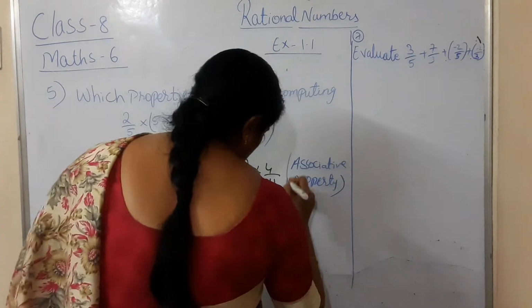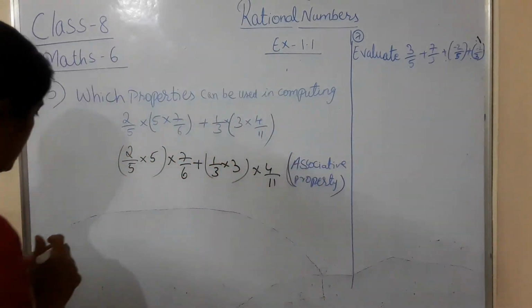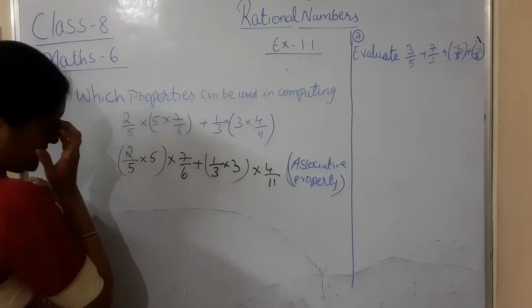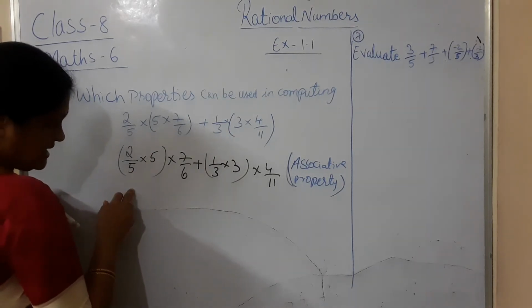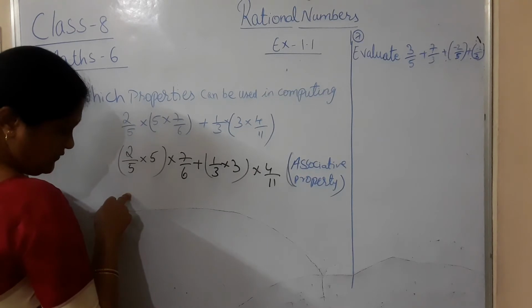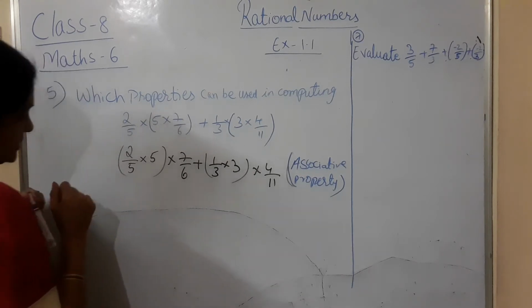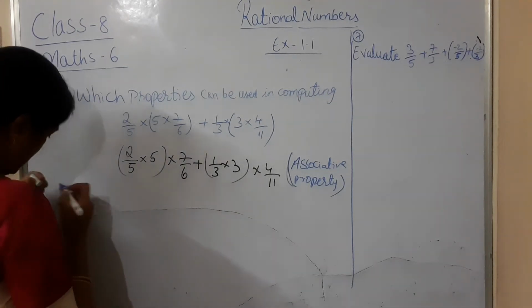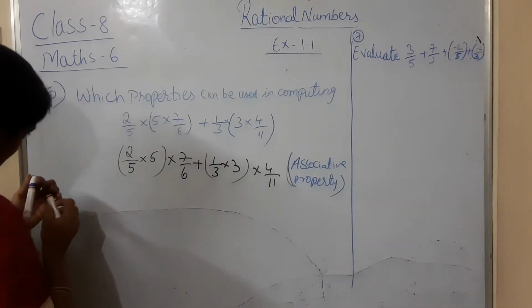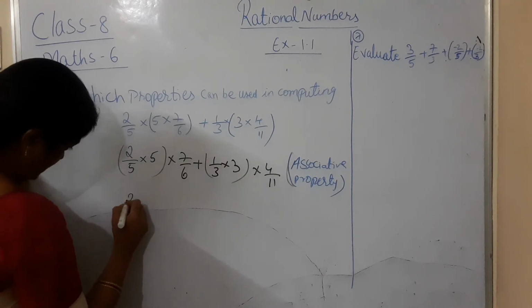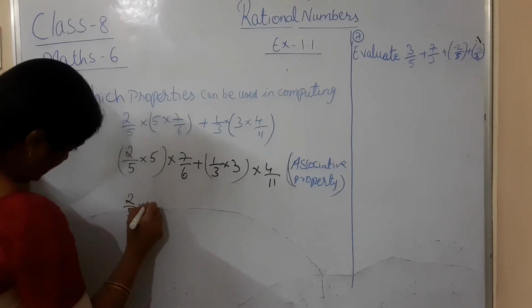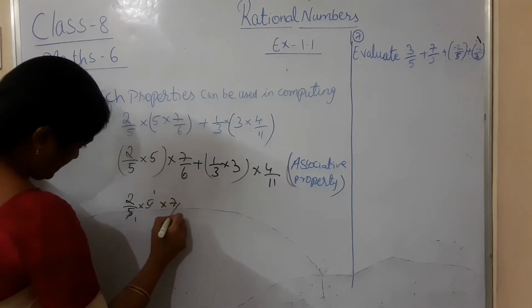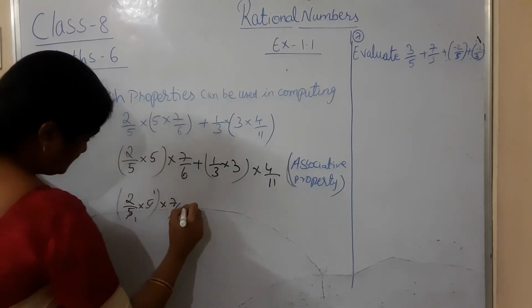Right? Now, coming to the next one. So here what we can do, we can cancel the numerators and denominators, right? So what do we take this as? Multiplicative inverse. By using multiplicative inverse, we can simplify the numerator and denominator. 5 by 5 cancels, into 7 by 6.